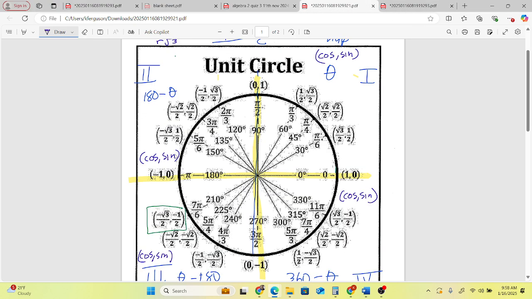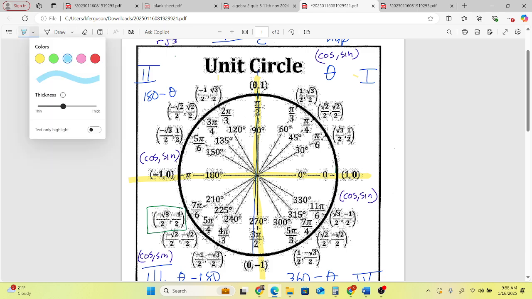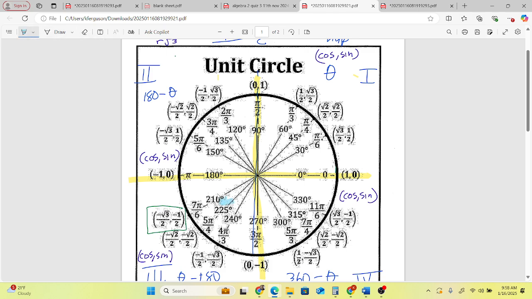So now I go back to my chart. If I focus on this right here, we're looking at 210. Well, 210 also has these coordinates associated with it. The first coordinate is the cosine of 210.